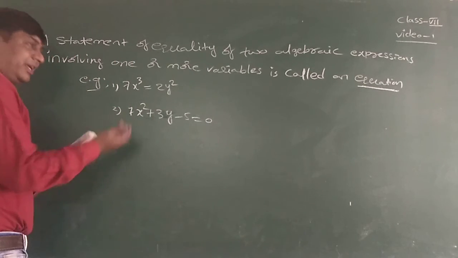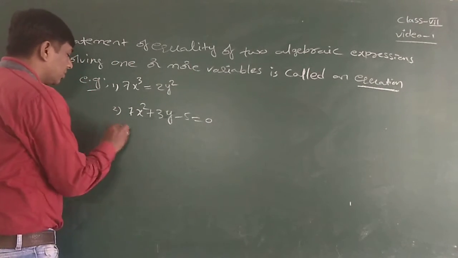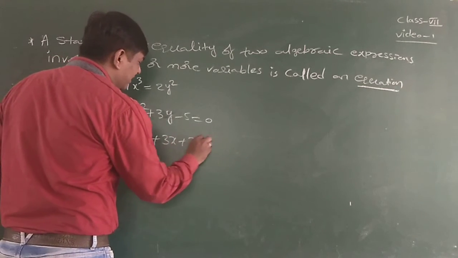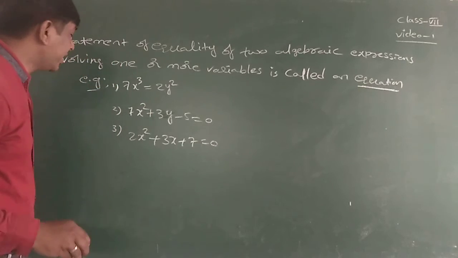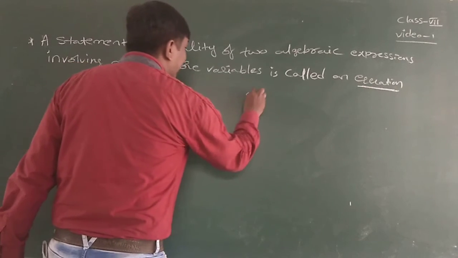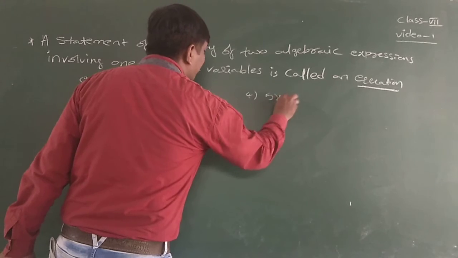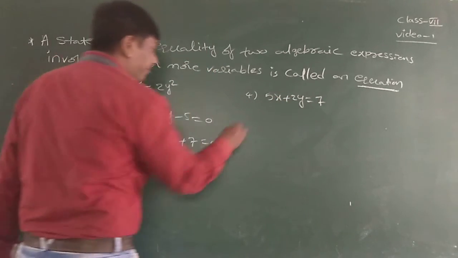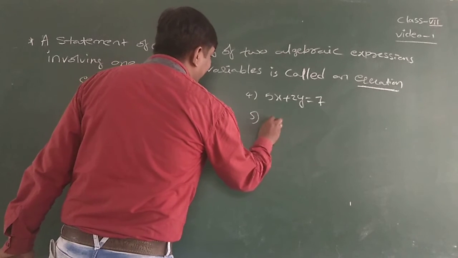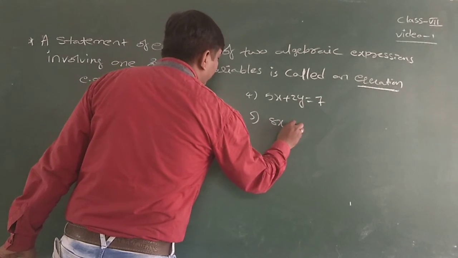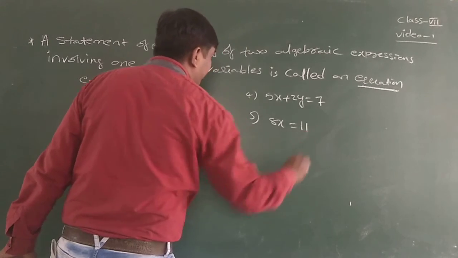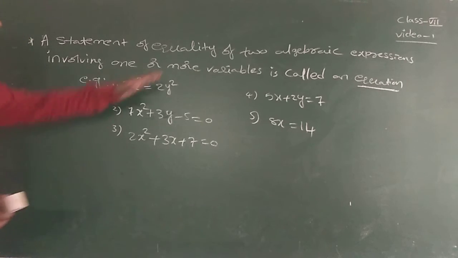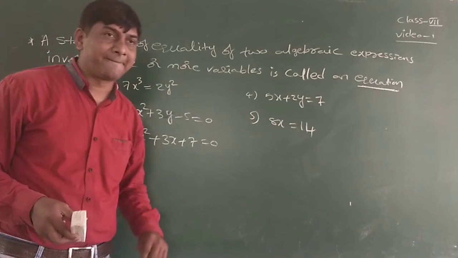This is also an equation. 2x square plus 3x plus 7 is equal to something, this is also an equation. Another example is 5x plus 2y is equal to 7. This is also an equation. And the next one is 8x is equal to 11, or 8x is equal to 14, anything. So these are all different equations.